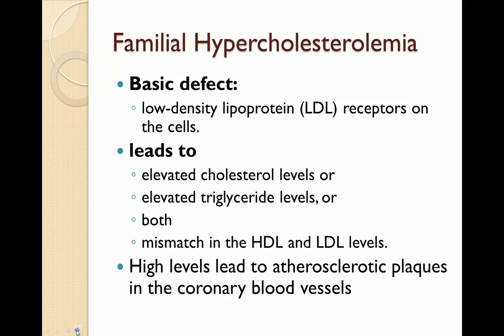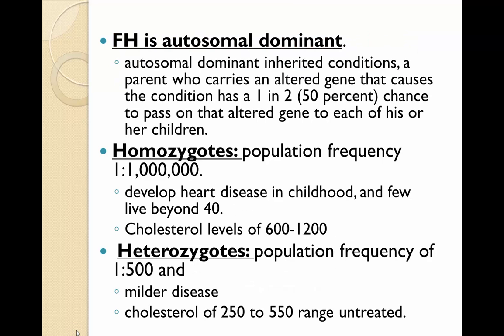And because we have this greater propensity or elevated levels, we tend to develop atherosclerotic plaques in our coronary arteries at maybe an earlier age, and the process is more severe and quicker in somebody with this disorder.